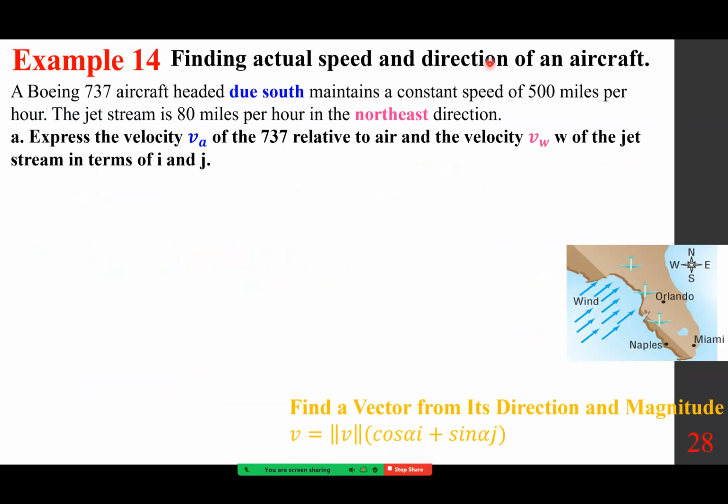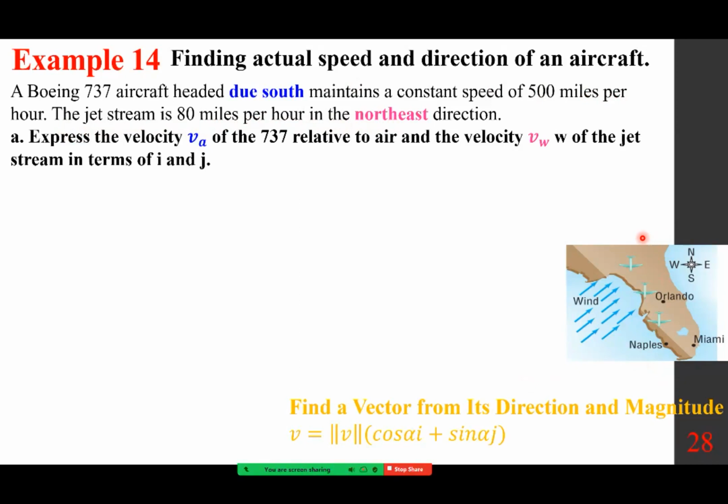Finding actual speed and direction of an aircraft. A Boeing 737 aircraft headed due south maintains a constant speed of 500 miles per hour. The jet stream is 80 miles per hour in the northeast direction. That means the wind. So it's going this way.